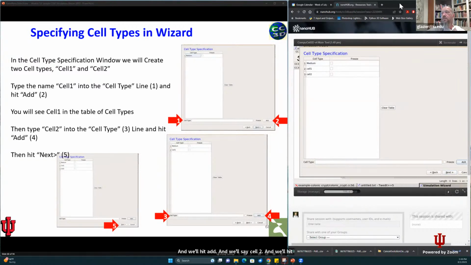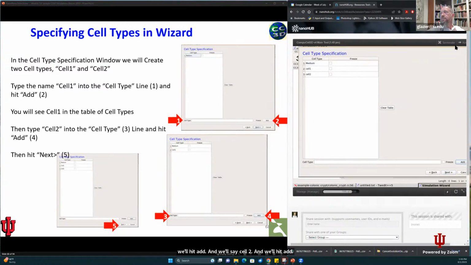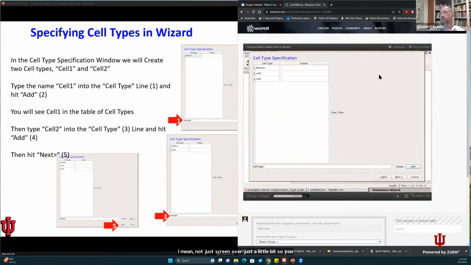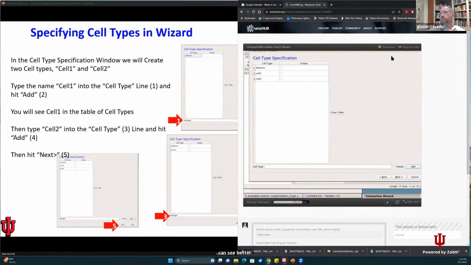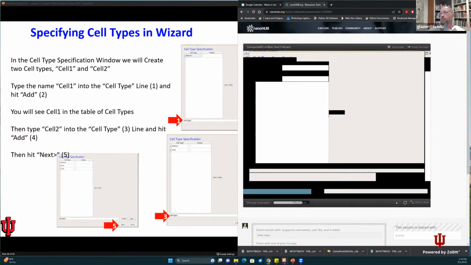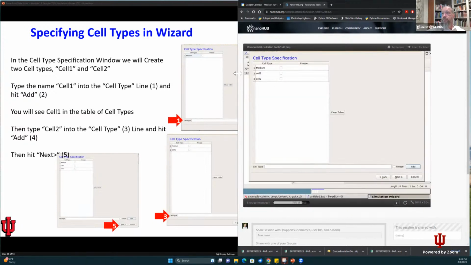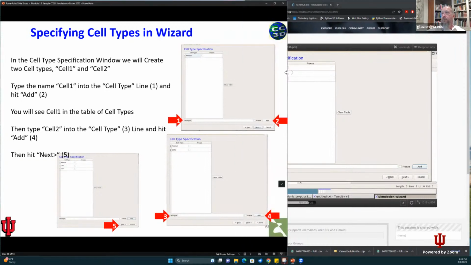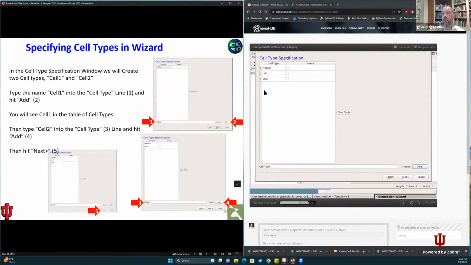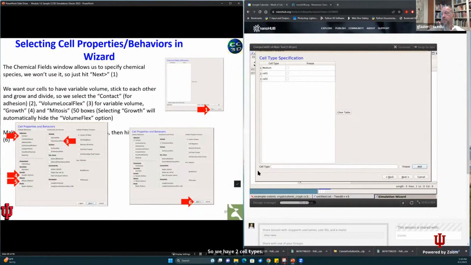Let me nudge the screen over just a little bit so you can see better. So we have 2 cell types. So everybody should make sure you have 2 cell types. Then hit next.